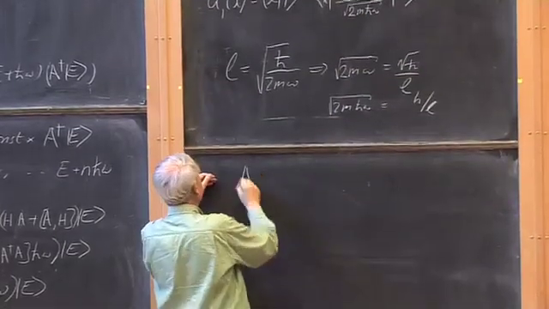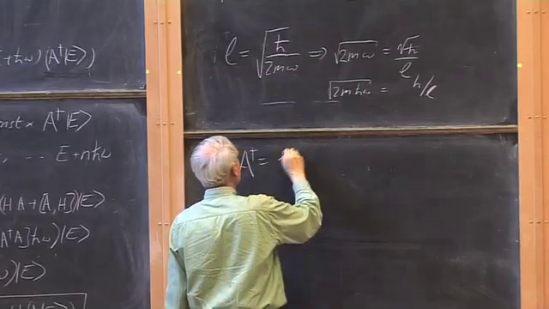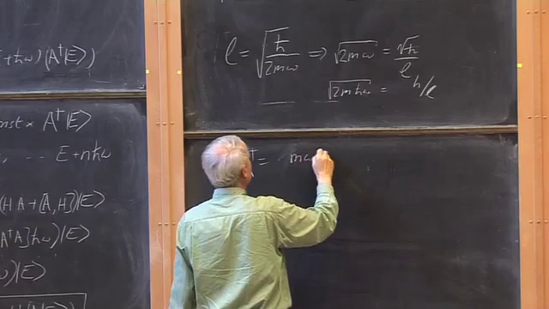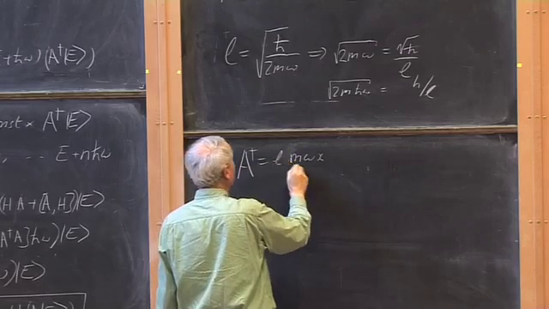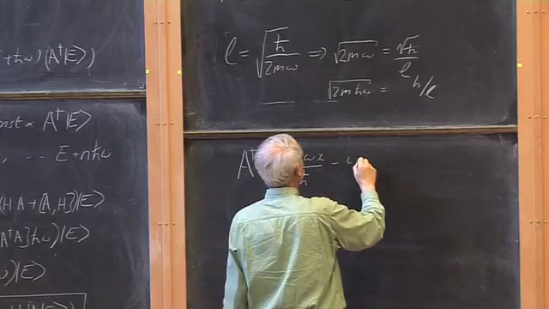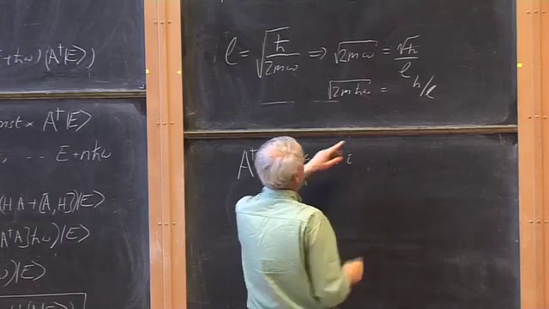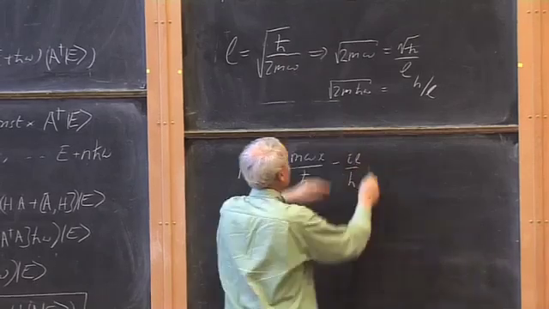So I can say that a dagger is equal to m omega x; on the bottom is h bar over L, so an L here and an h bar there, minus i times p, with an h bar on the bottom and an L on the top.